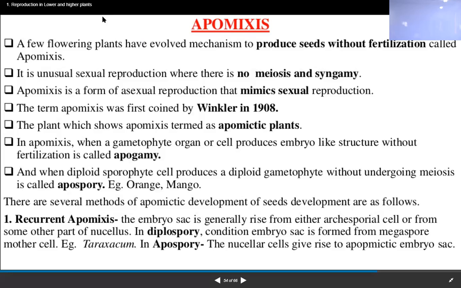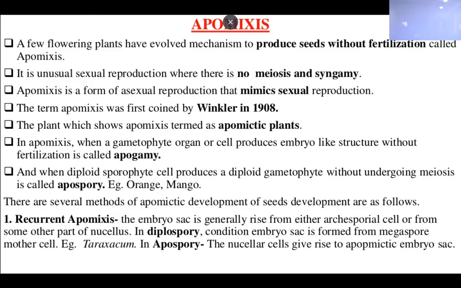The plant which shows apomixis is termed an apomictic plant. In apomixis, when a gametophyte organ or cell produces an embryo-like structure without fertilization, it is called apogamy. When a diploid sporophyte cell produces a diploid gametophyte without undergoing meiosis, it is called apospory. So, gamy and spory, in this way you can remember.